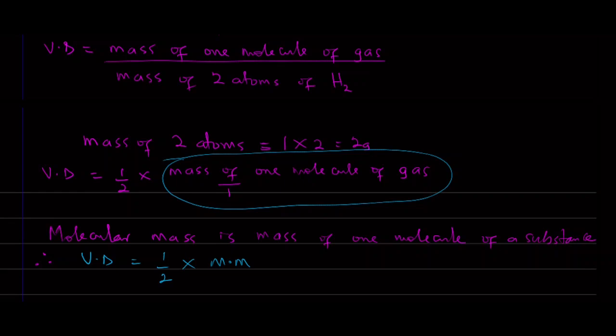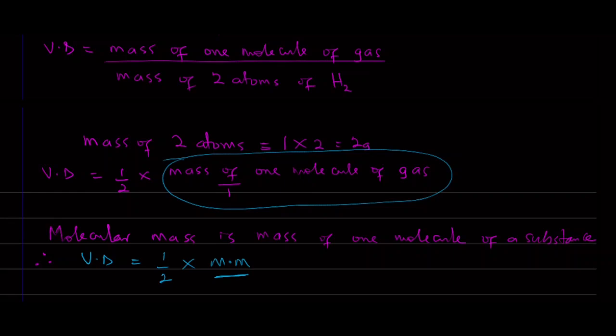So that is the relation between the vapor density of the gas and its molecular mass. That means if you are able to get the molecular mass of the gas, you will be able to obtain the vapor density. Now, how are we going to get the molecular mass of the gas? That is going to take us to the next subtopic in this video.